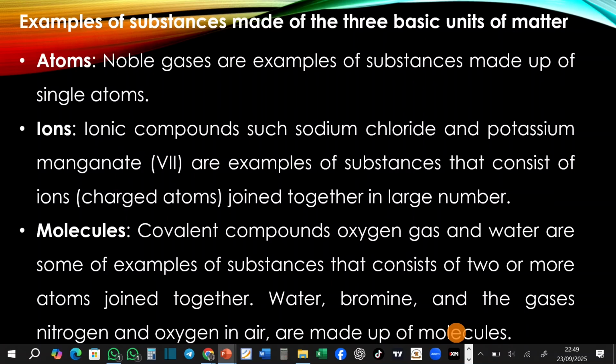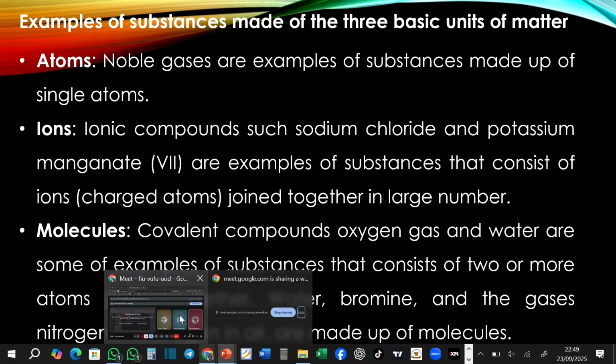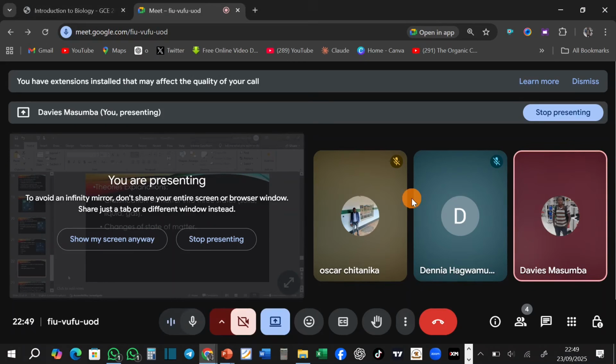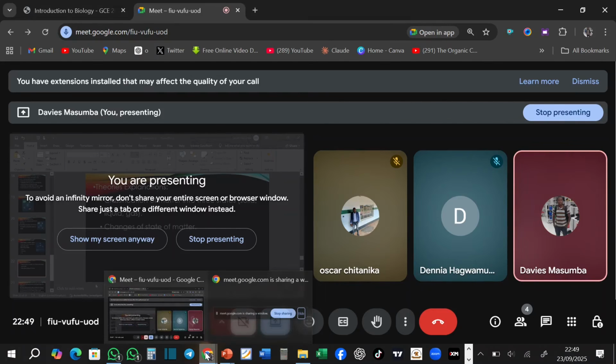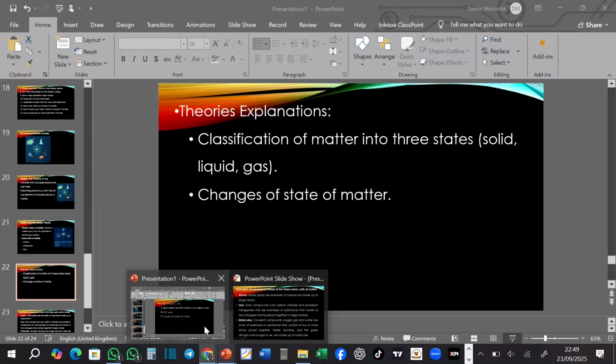So this brings us to the end of the chemistry lesson today. I hope we have learned something, because as I said, for you to understand and pass chemistry, you need to understand the theoretical background knowledge itself.